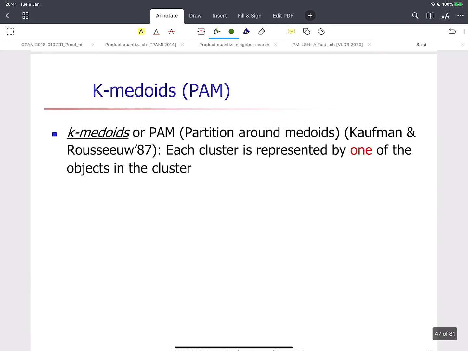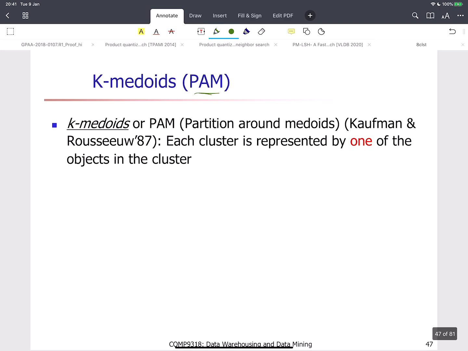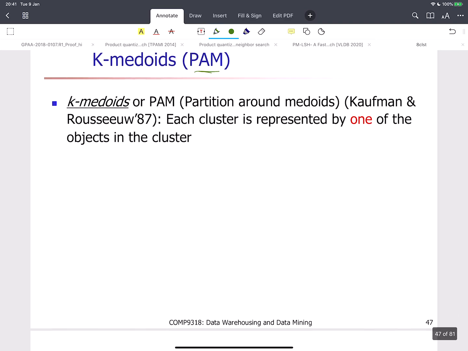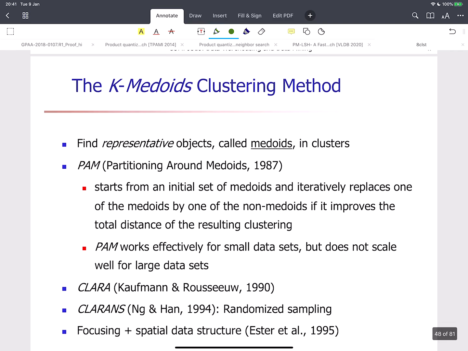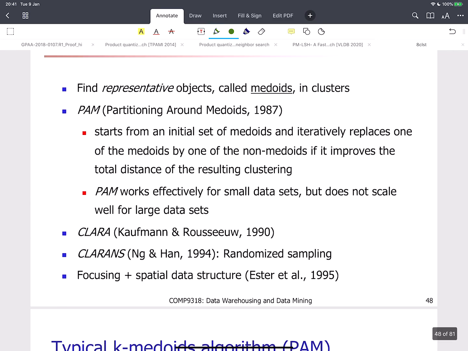The famous algorithm called PAM is one of the earliest algorithms implemented. We won't talk too much about the algorithm because it's very slow. The general idea is that you start with some random assignment of the representatives, here the medoids, and iteratively improve it.